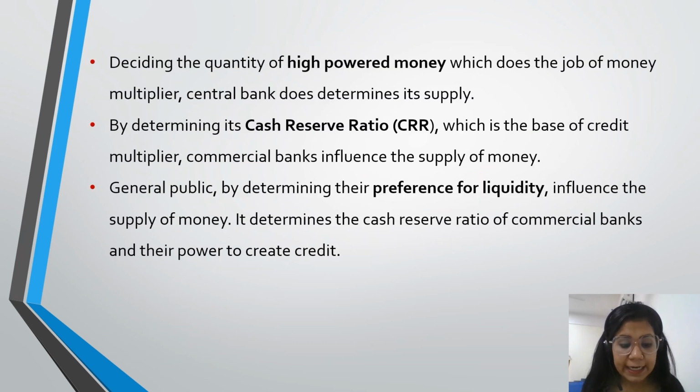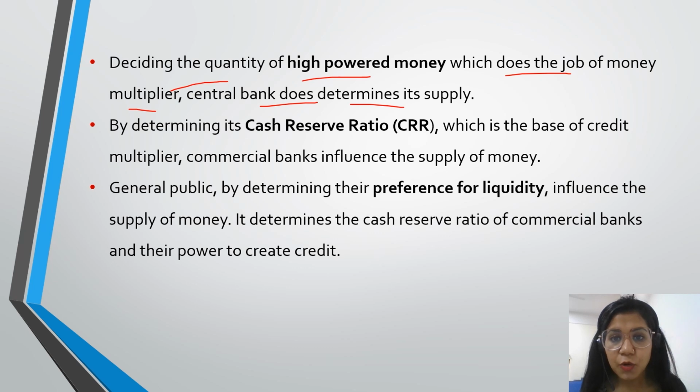By deciding the quantity of high powered money, which does the job of money multiplier, the central bank determines its supply. We have already studied that money supply is equal to what?